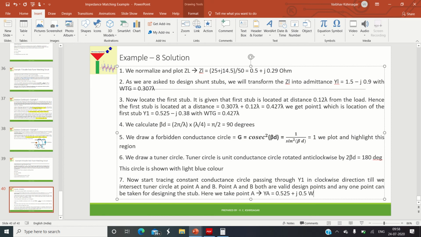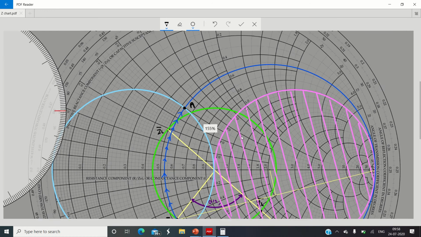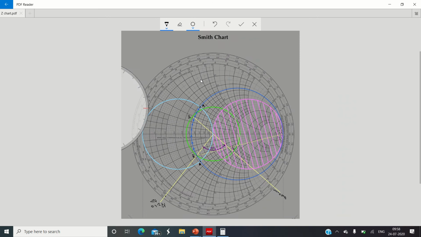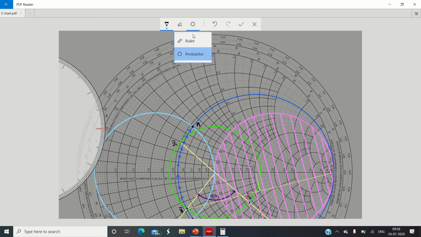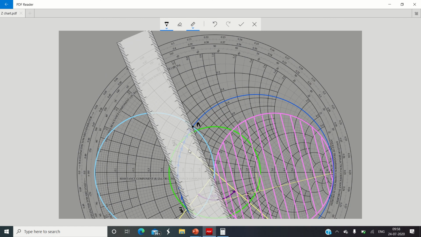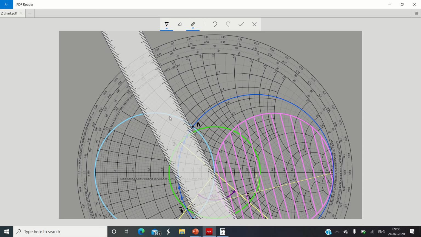Okay, and we also need to write what the WTG is at point A. So at point A I need to draw a straight line which is passing through the center and extending to the outer periphery, right? So take the scale again, join point A with the center of the Smith chart, and extend the line to the outer periphery in this way.